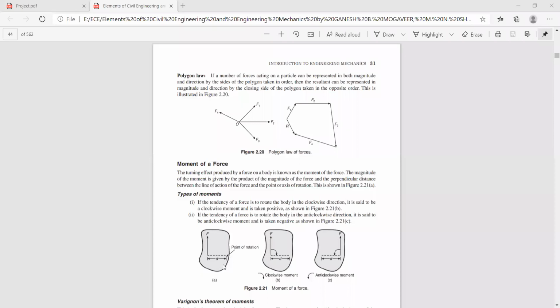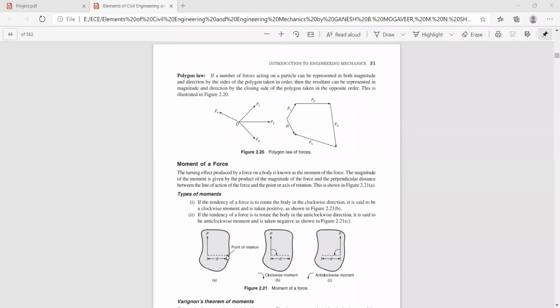Now you have a body. You have a force acting on the body with certain magnitude, say F, and we need to find the turning effect of the force on this body about this point. So this point becomes the point of rotation.